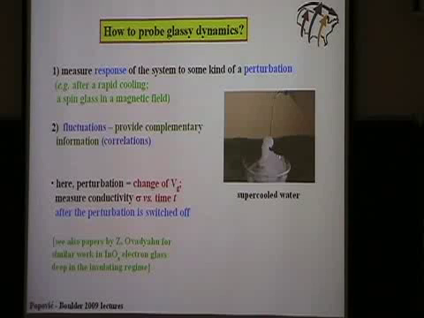Similar protocols were used by Ovadyahu and collaborators for work on the electron glass in indium oxide. One difference between their work and ours is that they're always very deep in the insulating regime, whereas we span the metal-insulator transition. We are never really deep in the insulating phase, and also in their case the perturbations are relatively small.